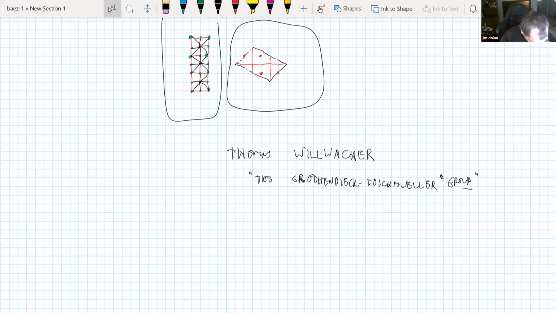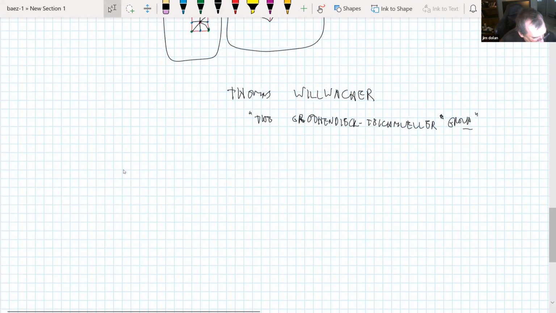Now I have to decipher my own handwriting here. So I'm trying to draw a short exact sequence, which I'm drawing as a monomorphism and then an epimorphism.